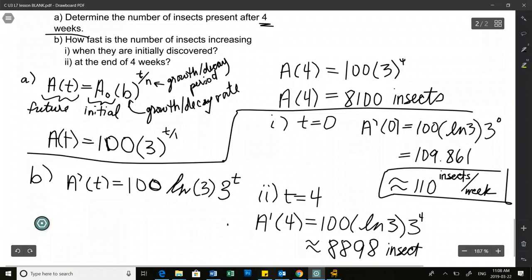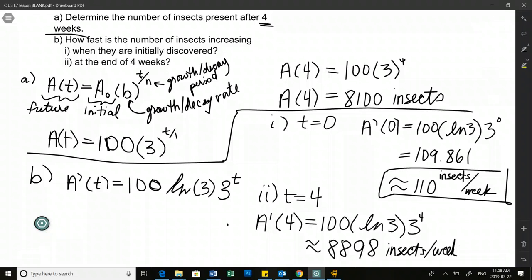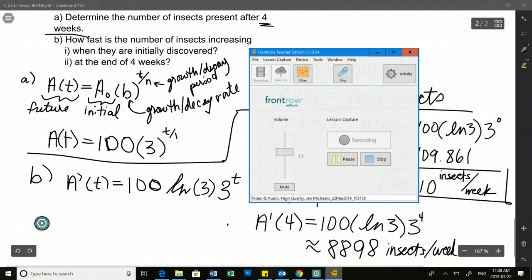That's 0.7595. Okay, great. So 88, 98 insects per week. Yes, that's what I got as well. That's a whole other topic. Okay, I will pause here.